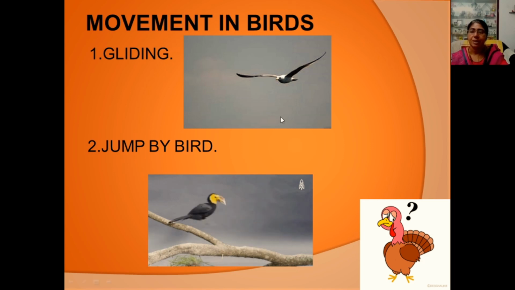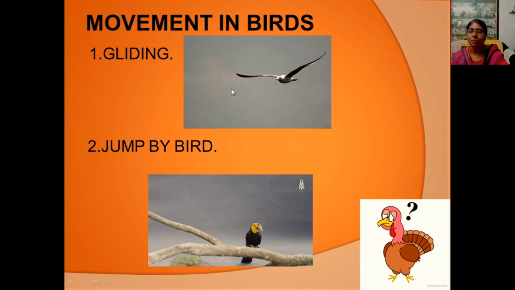Just see, this way the bird flies. This kind of movement is called gliding. Just like an aeroplane, birds move into the air.